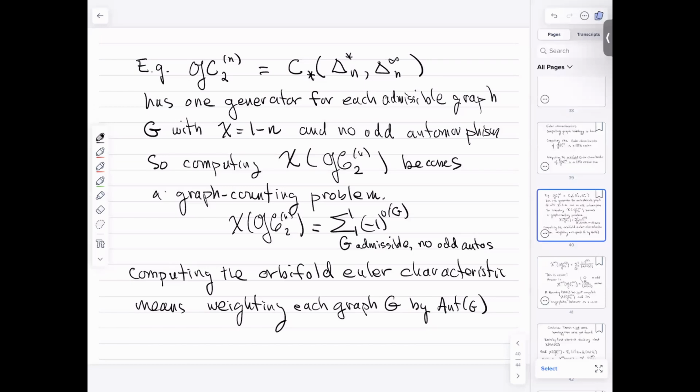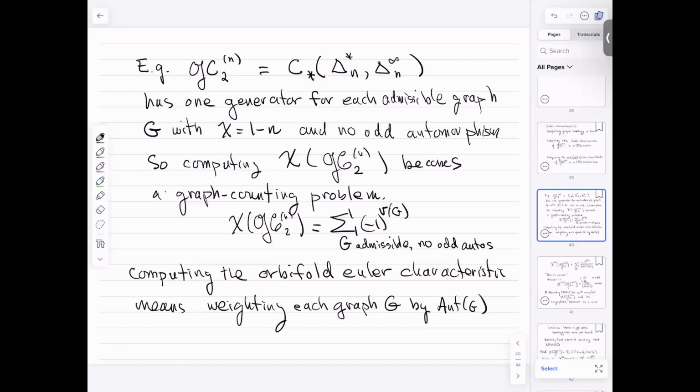So what do you take? The dimension of the generator is the number of vertices, V(G), and you're just counting graphs, with a sign depending on the number of vertices they have.